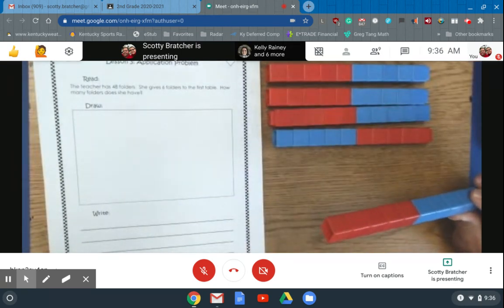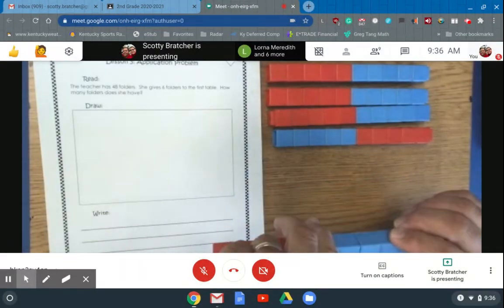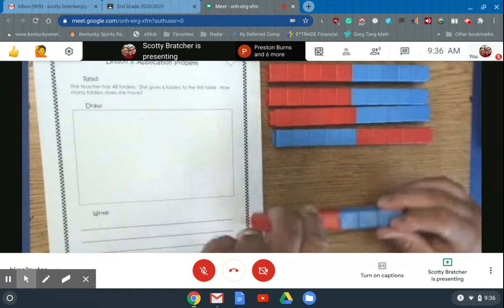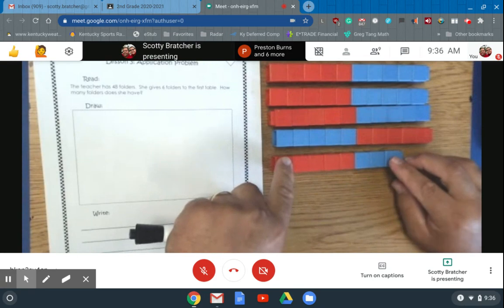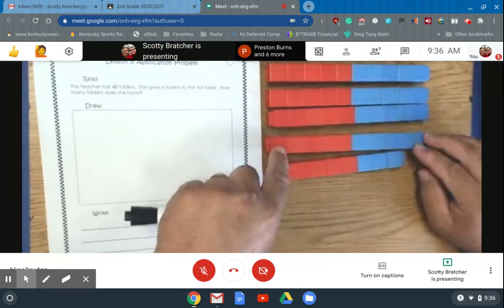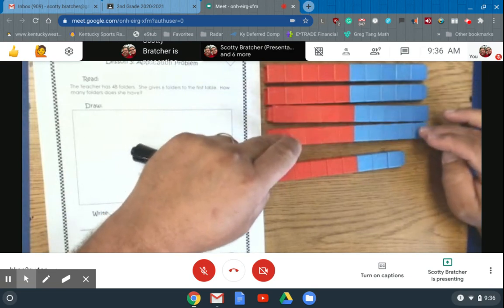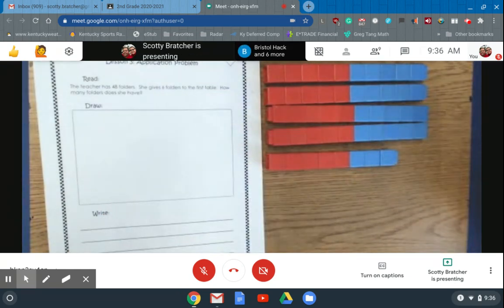No. What do I know about 8? 8 is 5, and how many more? 3. 3, exactly. So there's my 48. Okay, and I'm going to turn this one around so it looks like there are other 10s. Okay, so I've got 10, 20, 30, 40, and 8. So I've got 48.